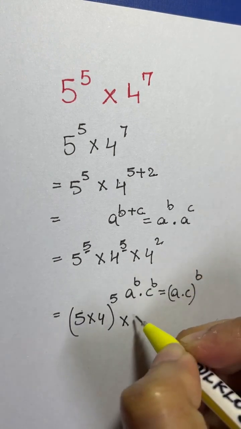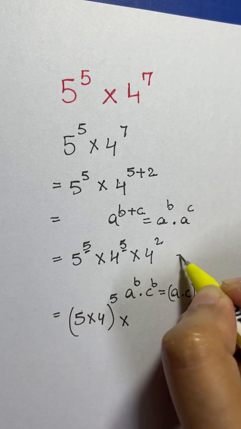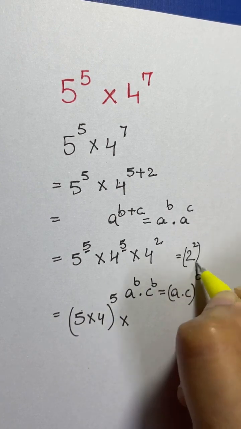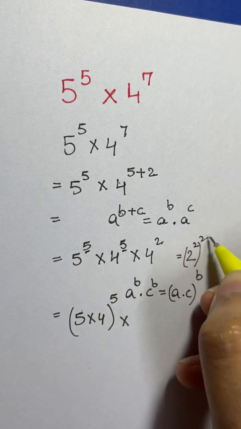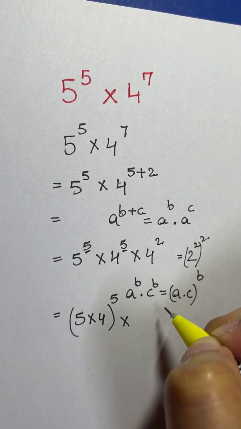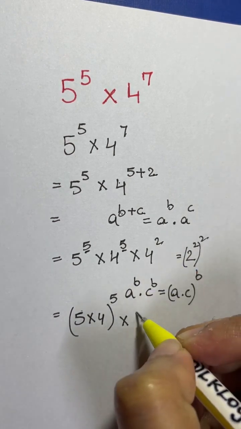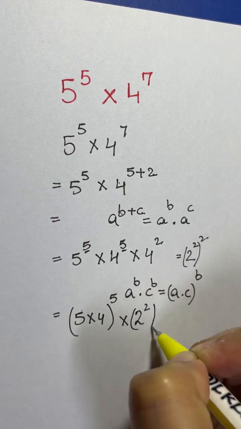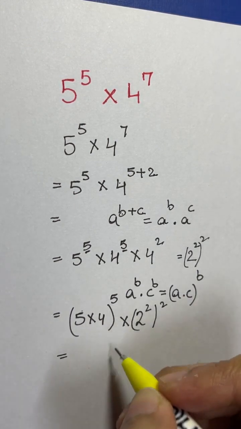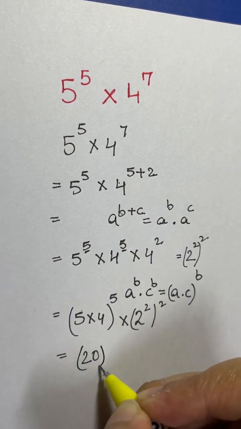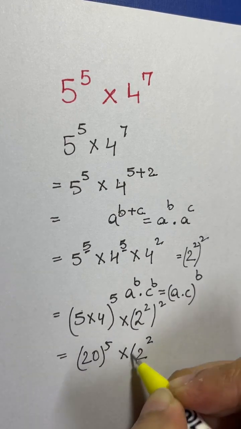times 4 squared. Now 4 squared can be written as 2 square whole squared. 2 square is 4 and you have another square. So 5 times 4, that's 20, raised to 5, times, I'll keep it as it is, 2 squared whole squared.